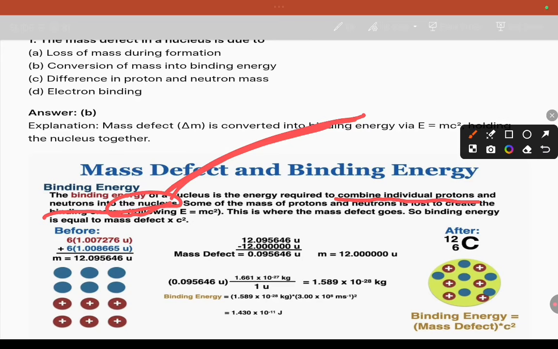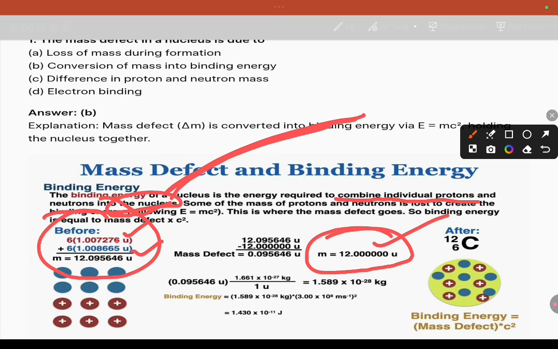So here, 6 times the proton value plus 6 times the neutron value gives a mass of about 12.095 after taking the individual masses of the proton and neutron. The original mass of the carbon is about 12. This is called the parent nuclei mass.